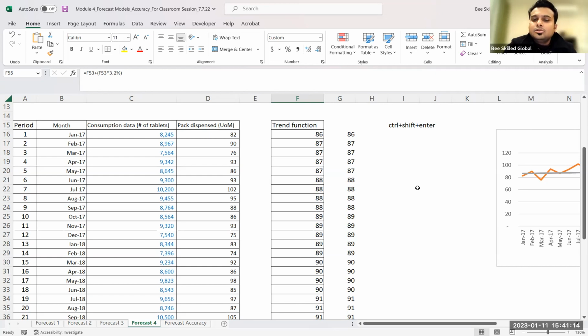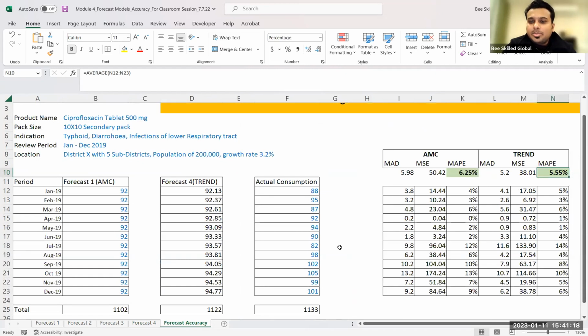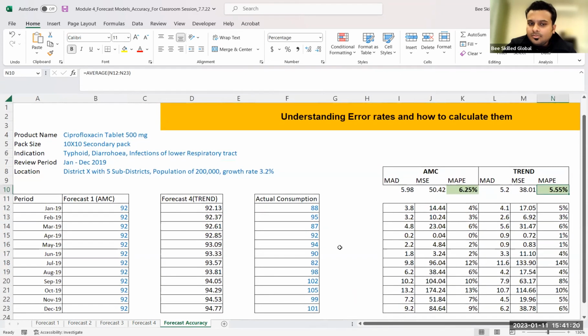Again, I'm not trying to tell you which method is better or which is worse. I'm trying to tell you these are the basic methods. But of course, trend analysis, if you do it in a correct way, or if you have better tools like regression analysis, or if you are using SPSS, for example, which is a different tool altogether, not Excel, these are very powerful quantitative tools.